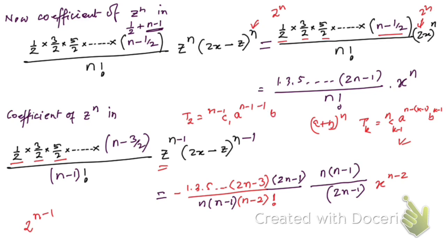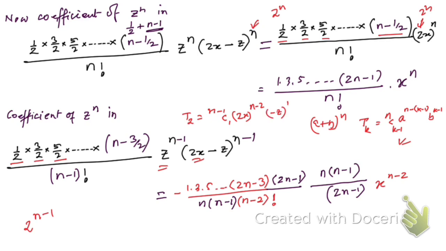So b to the power k minus 1 means 2 minus 1 here, so b to the power 1. Instead of a we have twice x, so we should get twice x to the power n minus 2, and instead of b we had minus z, so minus z to the power 1.